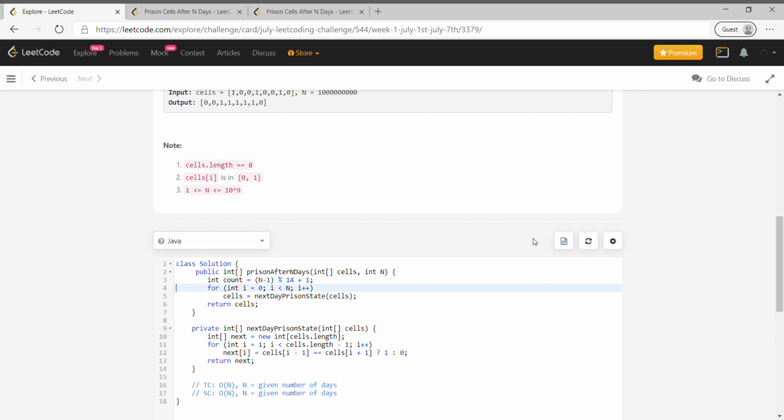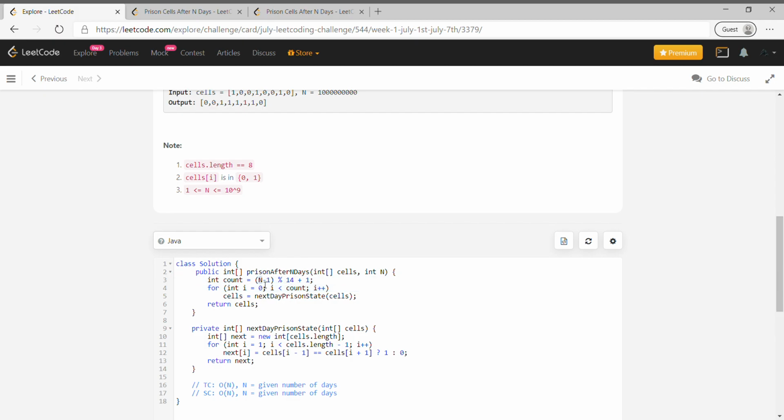Since it's an array with 0 based index, we just need to loop through n minus 1 modulo 14 plus 1 number of times, and after that the pattern repeats, right? So instead of looping through n number of times, we now loop through only count number of times.